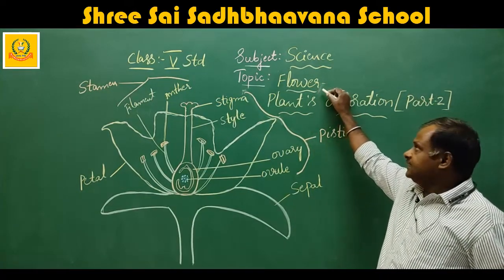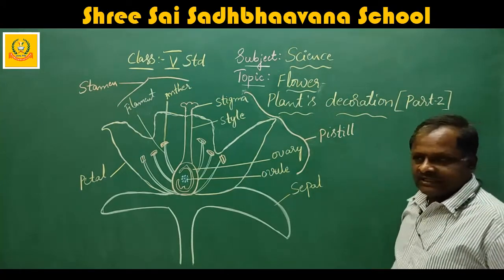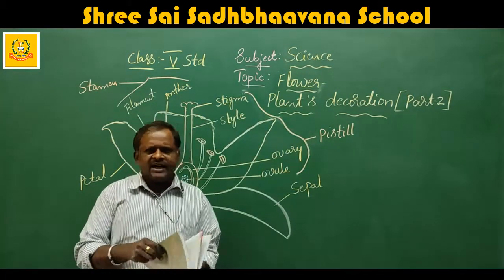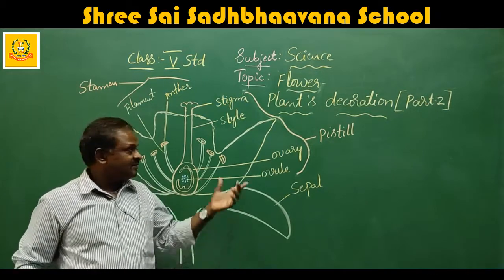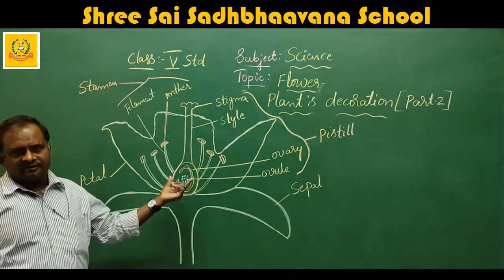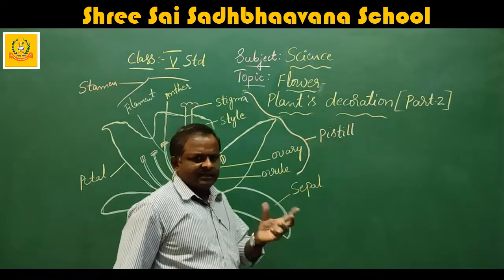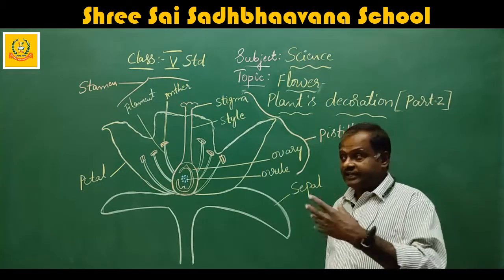The topic name is flowering plants decoration. When you see a plant, the attractive part of the plant is the flower. When you see any flowers, for example, a rose, they are very attractive.